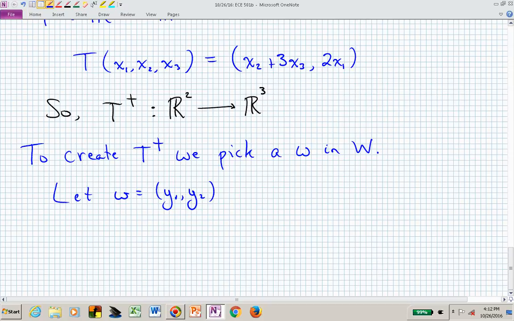No obvious reason, I'm just picking y1 and y2, and we know that it lives in R2.